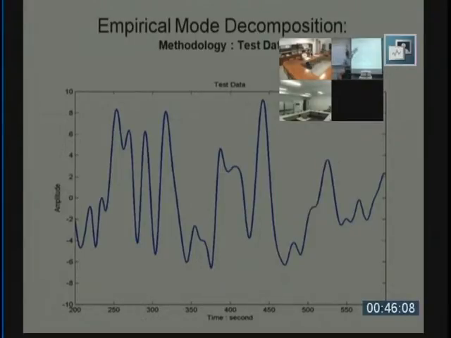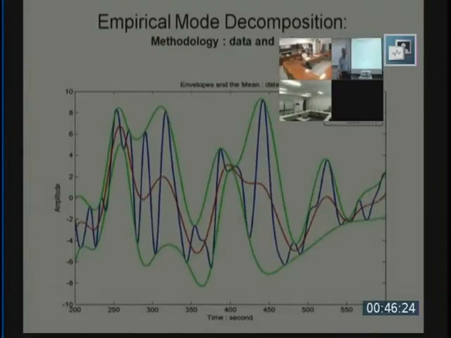So for this kind of wave, it already failed the necessary condition. We cannot use Hilbert transformation. How can we use it? The only way that we can use it is to move the wave down to the horizontal line, the x-axis. And that's where the EMD comes in. The EMD is a method to move all the way down to the 0 line, down to the x-axis.